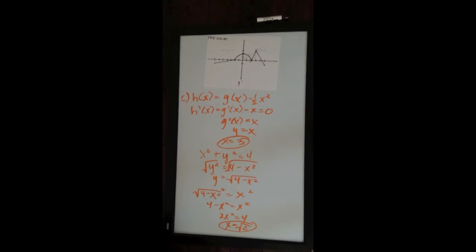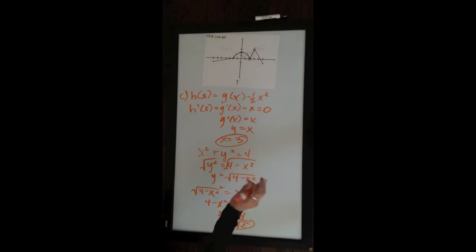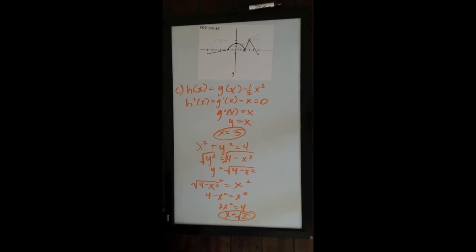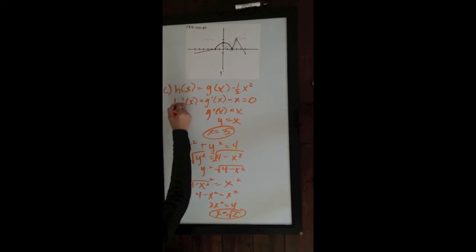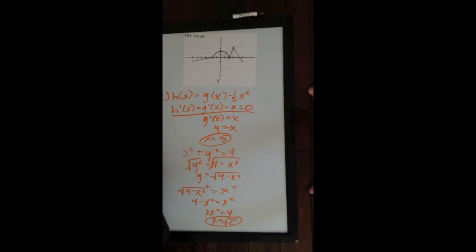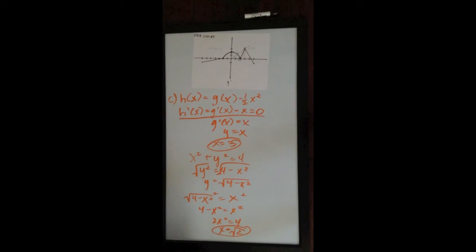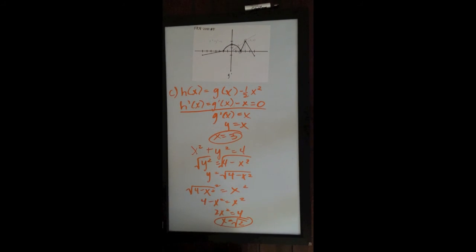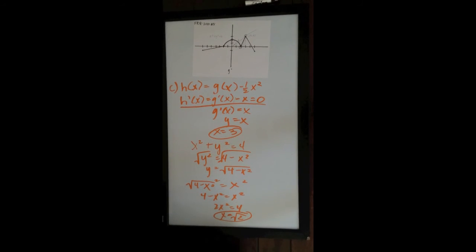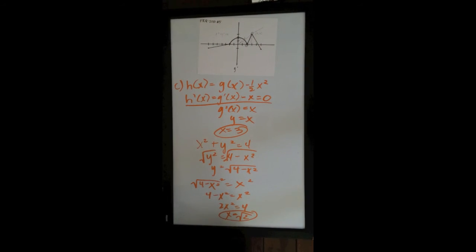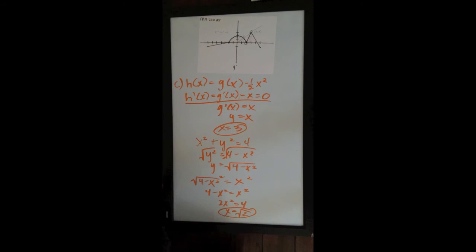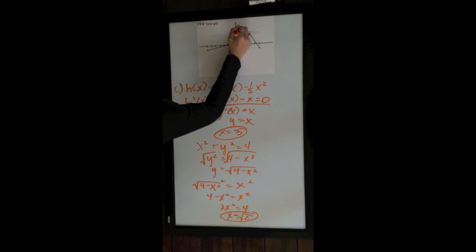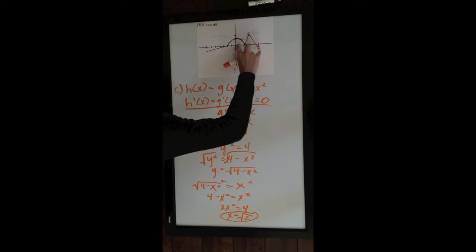So to determine whether these critical points are relative maximums or minimums, we have to look back at this here and see how h prime of x is defined. So by looking here, we can say that h prime of x will be positive anytime g prime of x is greater than x. So we have to look on this graph and see this part here is above the line y equals x.